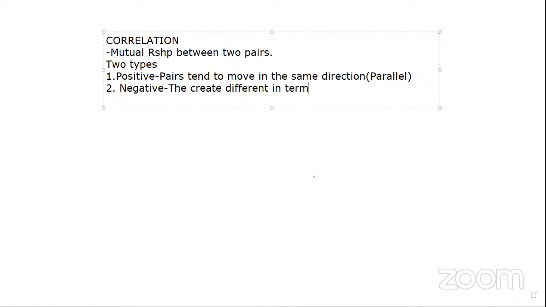They create a difference in terms of diverging. Like one goes up, the other one goes down. Whenever we have a negative correlation in a pair, they always move in different directions.